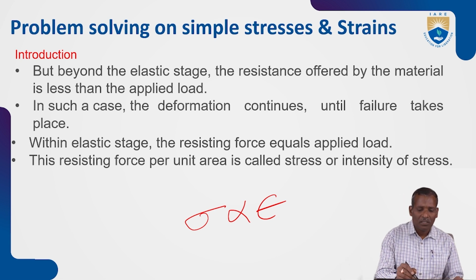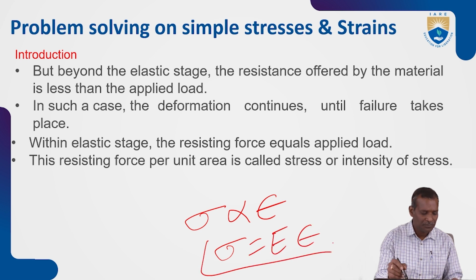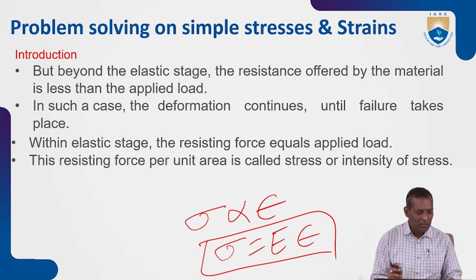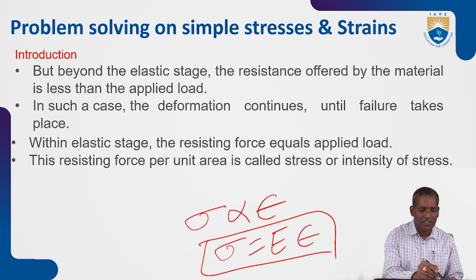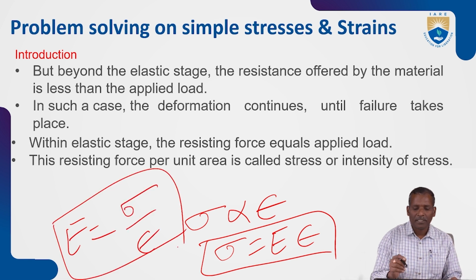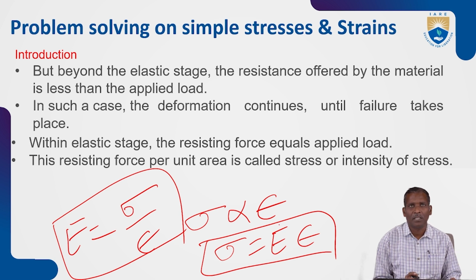So you can write stress is equal to E into epsilon, in terms of Young's modulus, so E is equal to sigma by epsilon. The stress is directly proportional to strain up to the elastic limit.